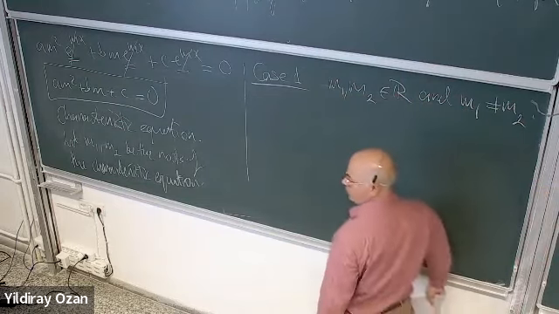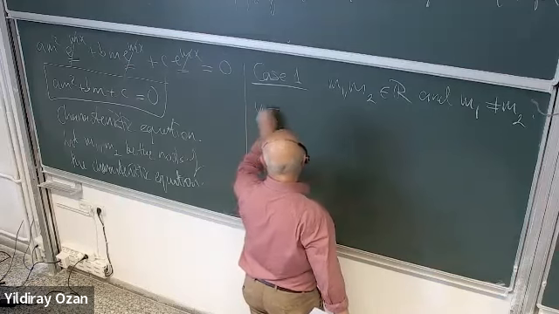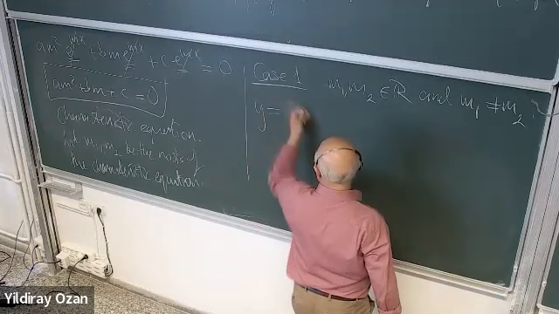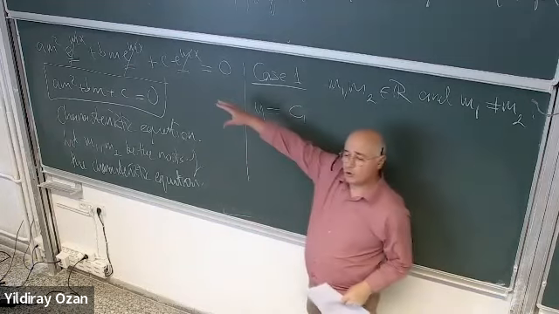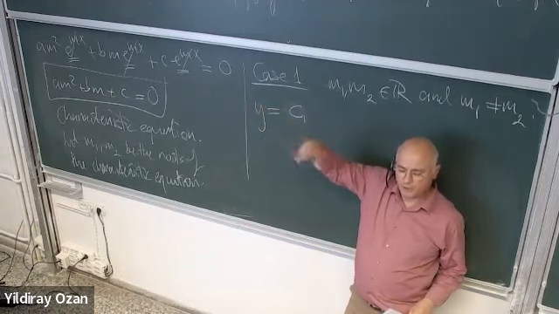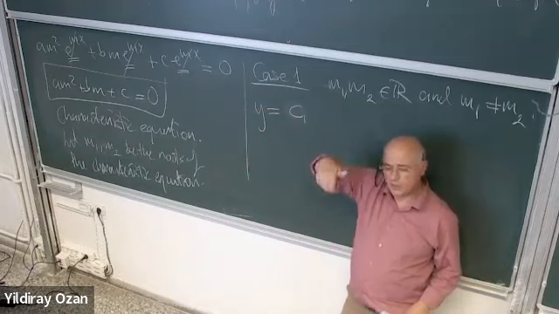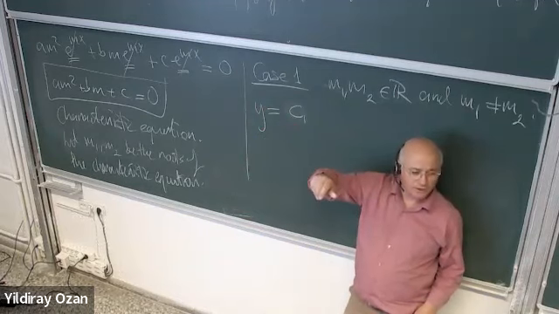In that case, the solution is given like this. Since this is a second order equation, solving this equation involves 2 integrations, because you have 2 derivatives. To get rid of the derivatives, you have to integrate twice, and each integration gives you 1 arbitrary constant, an integration constant.